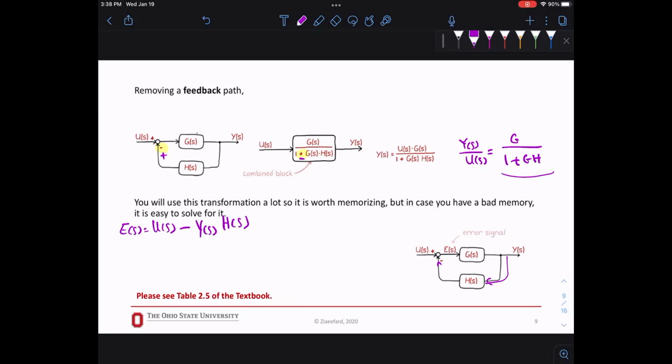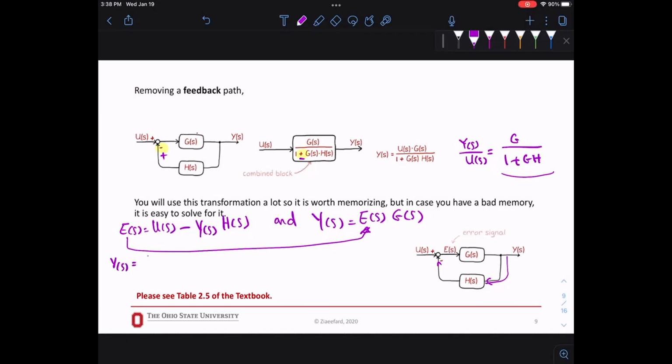I can also say that Y(s), from the top forward path, is going to be E(s) times G(s). Right? So I can write that. Now, if you substitute E(s) here, you can basically write everything based on Y, G, and H in your input U and get the transfer function. So I'm going to do that.